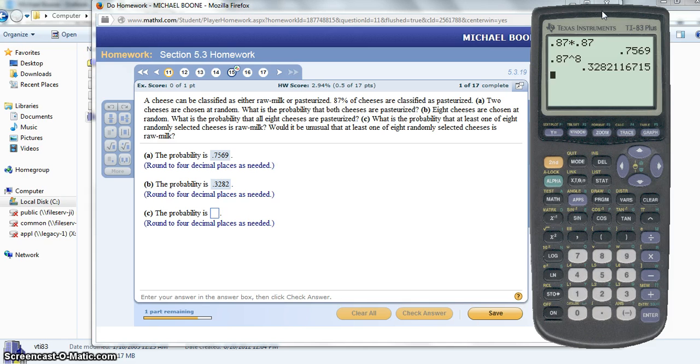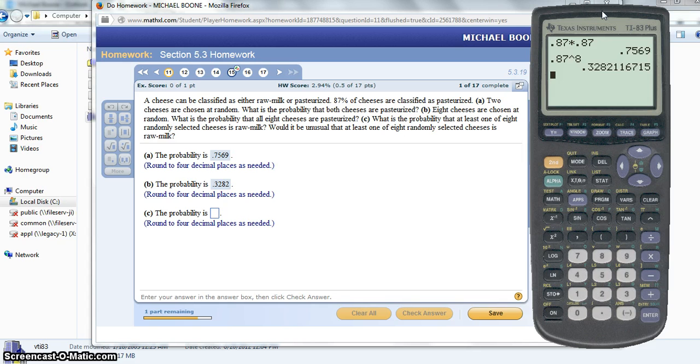I don't want to figure out all those probabilities. So what I'm going to do is just find the one thing that it's not. I'm going to find the probability that 0 use raw milk. That means all 8 of them were pasteurized.